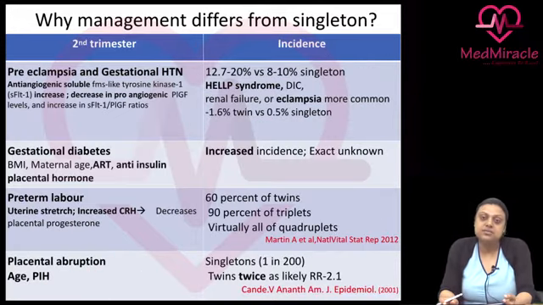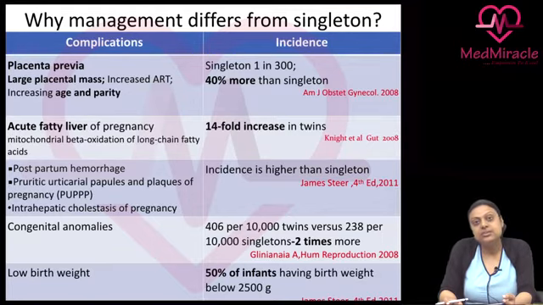In the second trimester, the complications seen in the mother are preeclampsia and gestational hypertension, gestational diabetes, preterm labor, placental abruption, and pregnancy-induced hypertension. There are also increased chances of placenta previa, acute fatty liver of pregnancy, postpartum hemorrhage, pruritic urticarial papules and plaques of pregnancy, intrahepatic cholestasis of pregnancy, congenital anomalies, and risk of low birth weight.